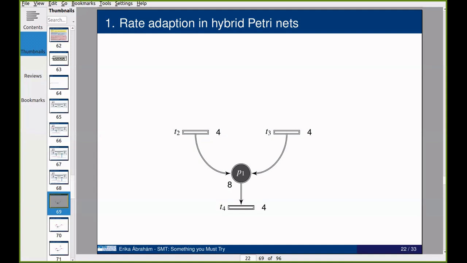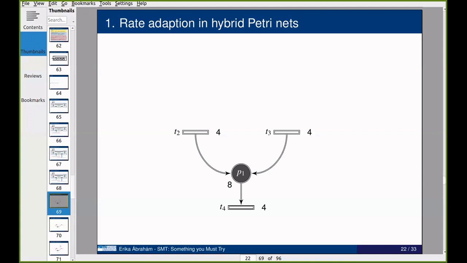And here you see the rate. So 4 units of fluid flow through the pipe into the place where the outgoing arrow points. There's another place also, and there are also some sink transitions which just move out 4 units of fluid from this place, and they disappear.